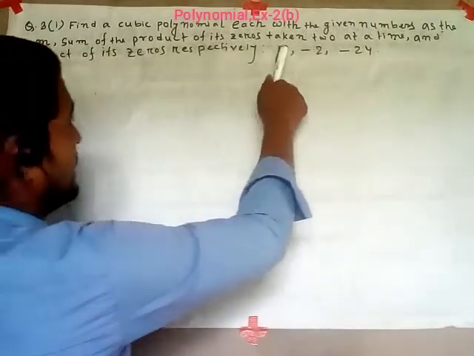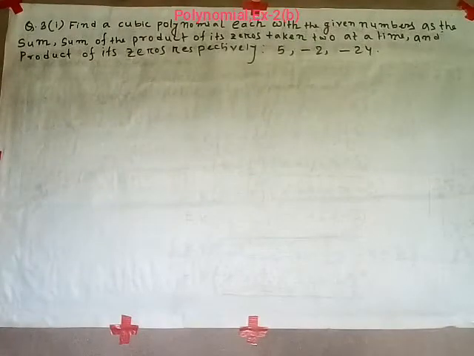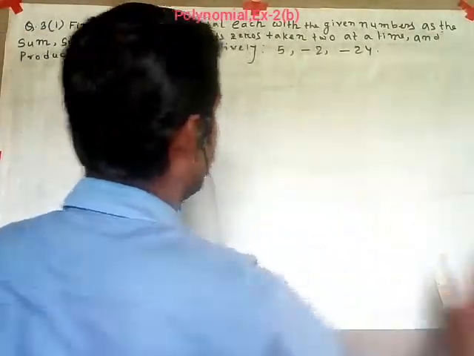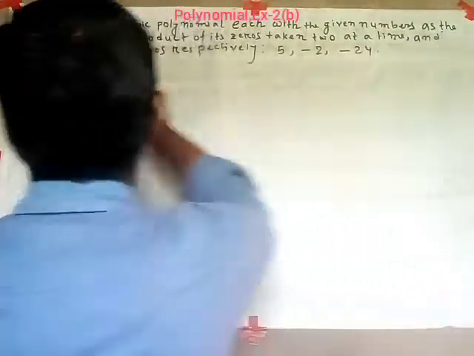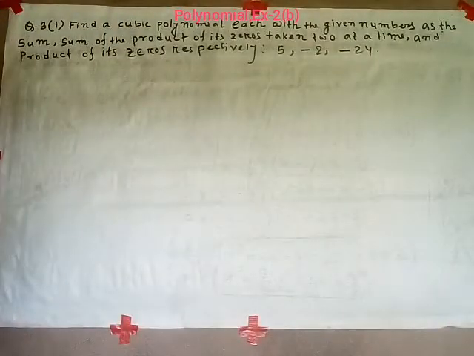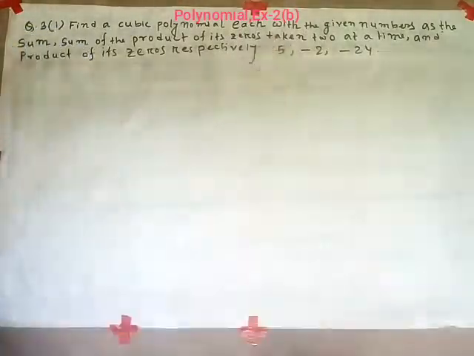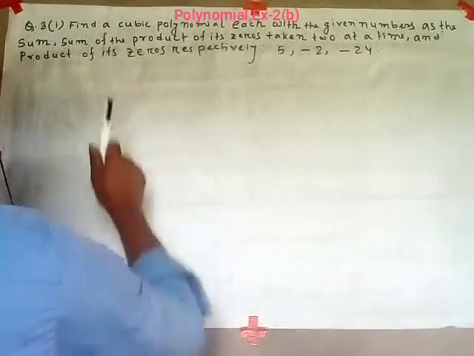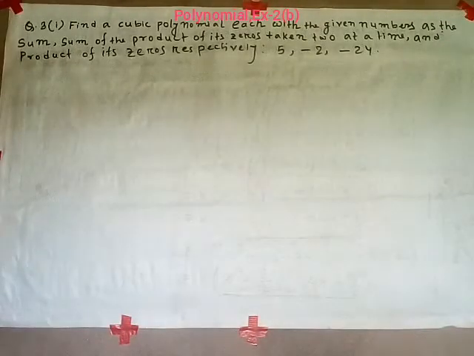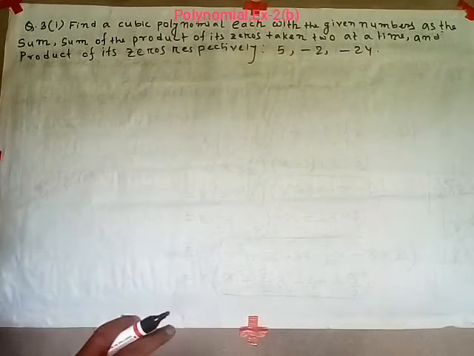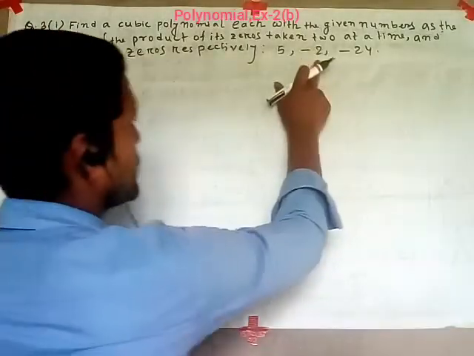So this 5, minus 2, minus 24, according to this question, what is this? First one, 5, as the sum, means the sum of the 3 zeros. It means alpha plus beta plus gamma is 5. Second part, sum of the product of its zeros taken 2 at a time. It means alpha beta plus beta gamma plus gamma alpha is minus 2.